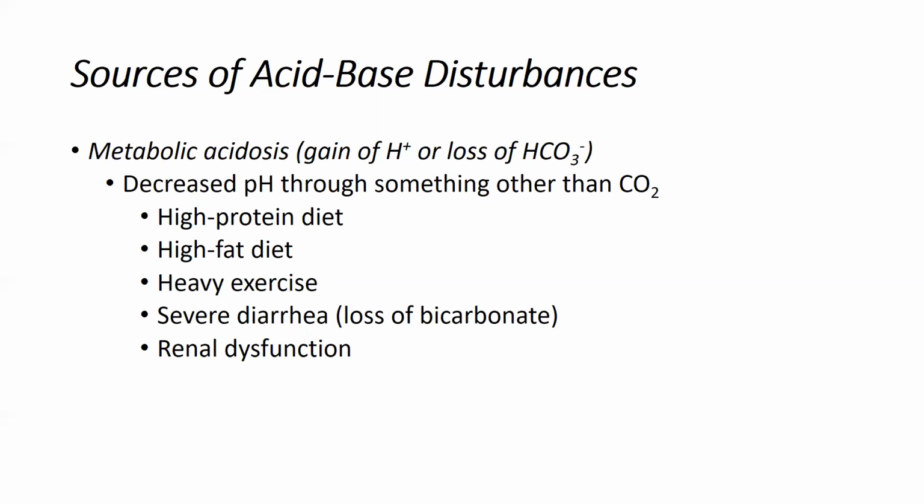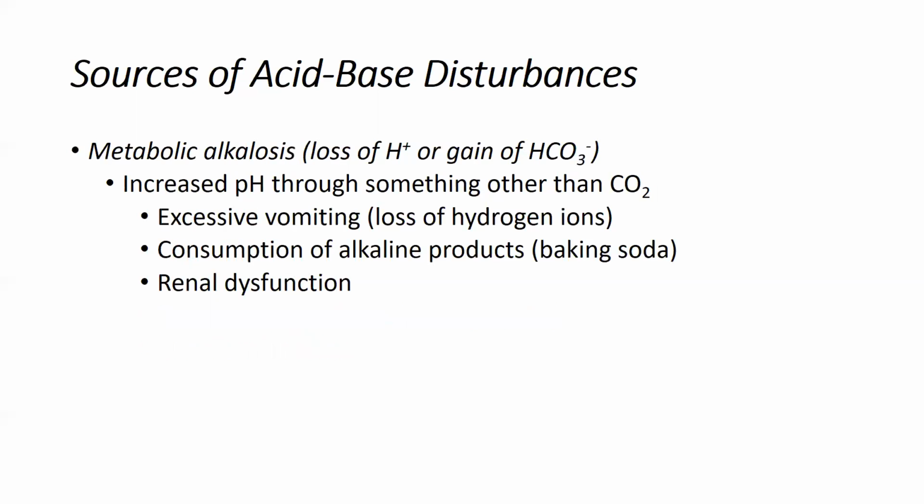So there's a different electrolyte that's thrown off in C. diff, which gets a little bit more complicated, but it can be seen in those diarrheal states. As well as vomiting. So vomiting is another way that we lose acid. We'll talk about that in a minute. And then renal dysfunction. So if there's any sort of misbalance in your renal dysfunction, you're not able to secrete hydrogen or you're not able to reabsorb bicarbonate, you can get into acidosis.